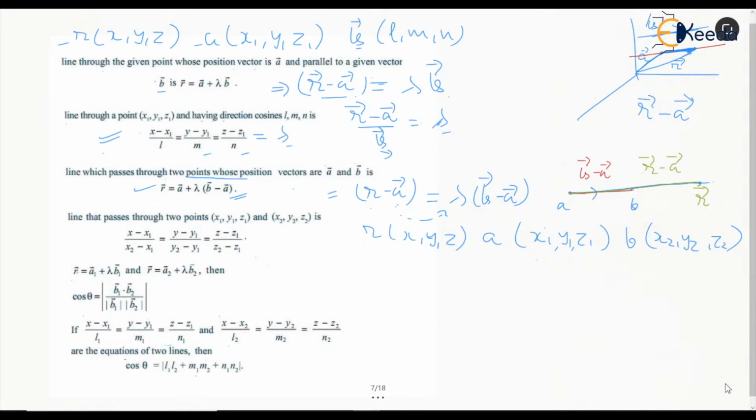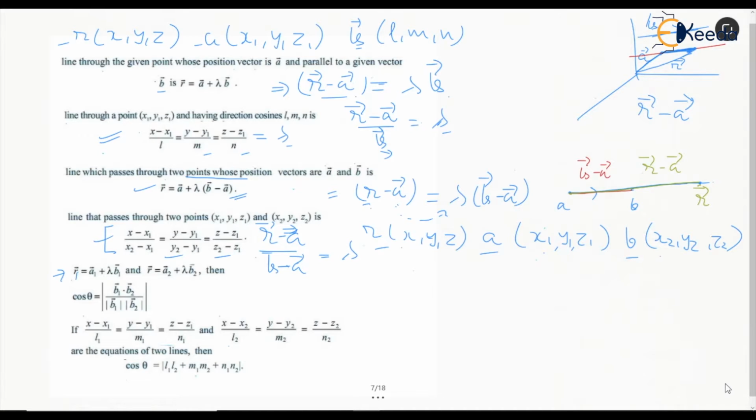So writing this same equation as R minus A by B minus A equal to lambda, this is x minus x1 by x2 minus x1. Writing all this in the ijk components because they are going to be independent of each other. So taking x, x1, y, x2 from R, A, B, we are going to form this equation in the Cartesian form, right?